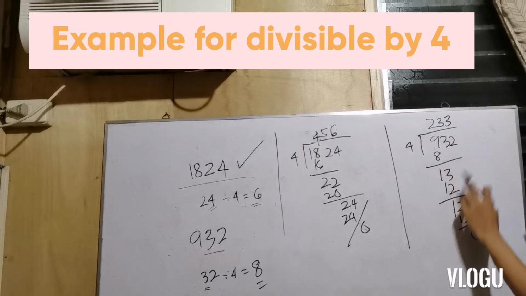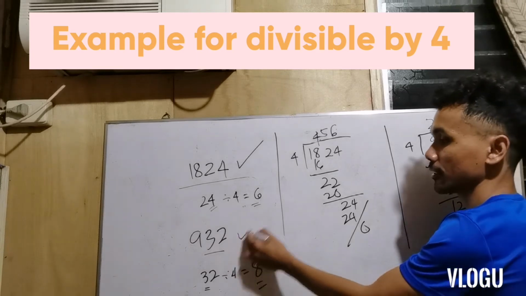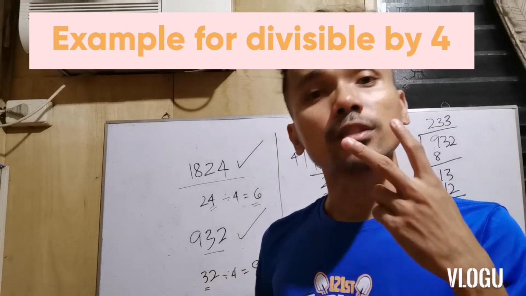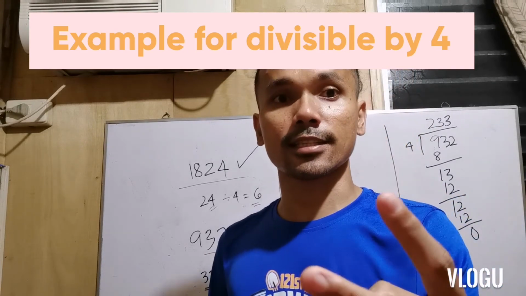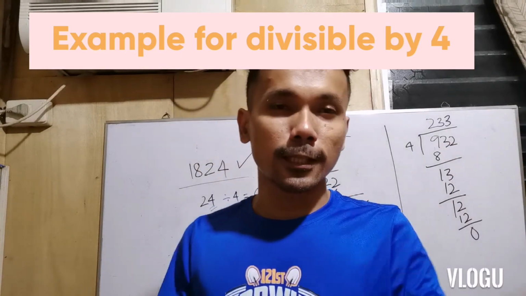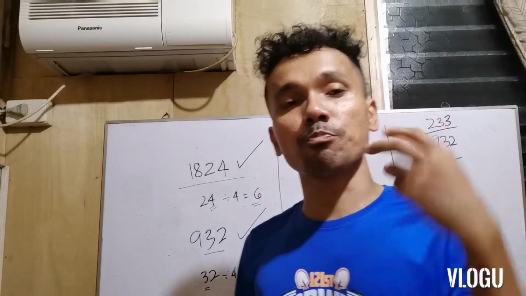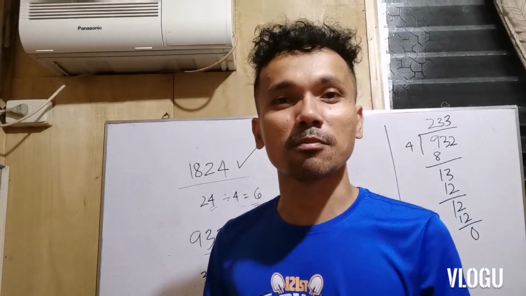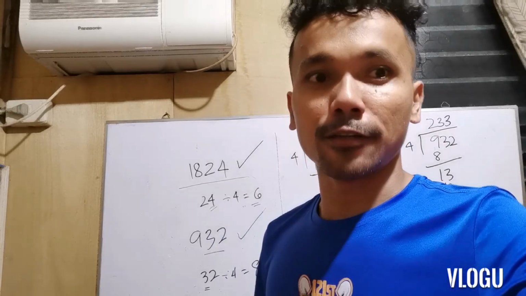Therefore, 932 is divisible by 4. Tandaan lang, the last 2 digits lang ang i-test. Okay? Kahit gaano pa yan kalaki na number, the last 2 digits should be divisible by 4. Okay? So that's for numbers divisible by 4.